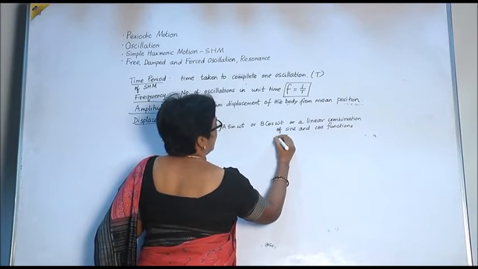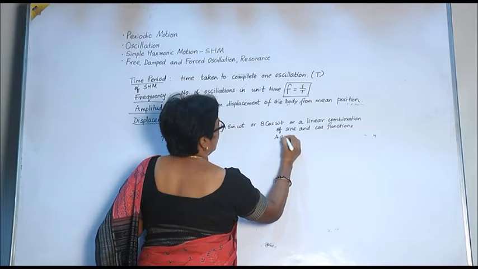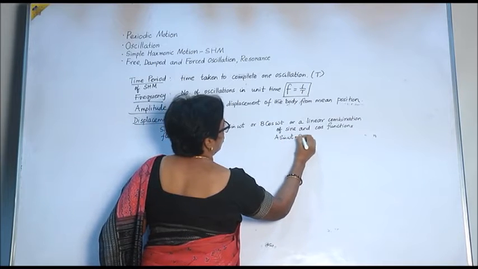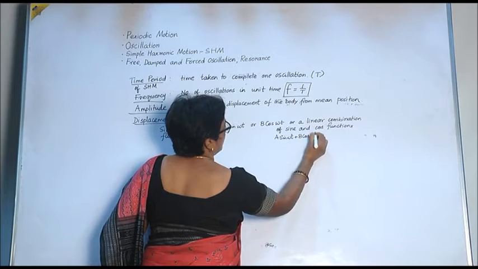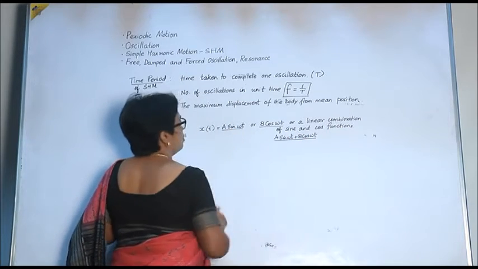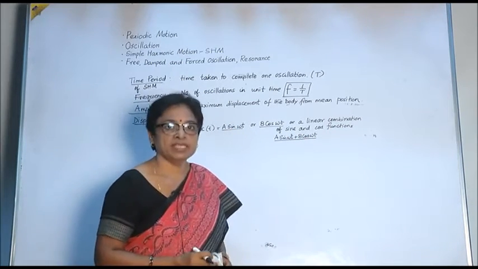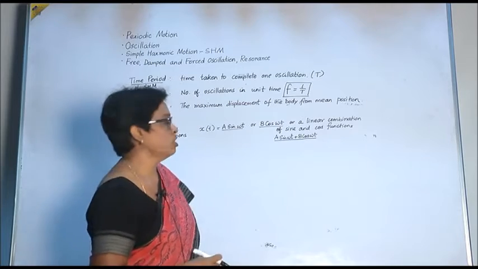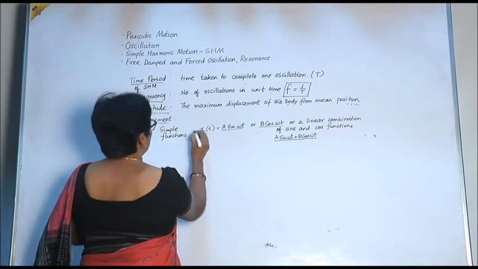That means something like a sin omega t plus b cos omega t. These are all functions which represent simple harmonic motions. The displacement, where x is my displacement vector.